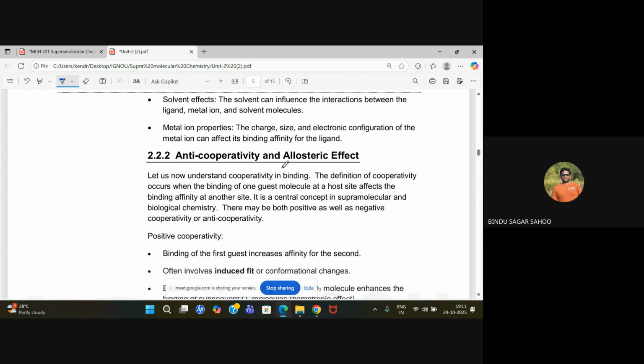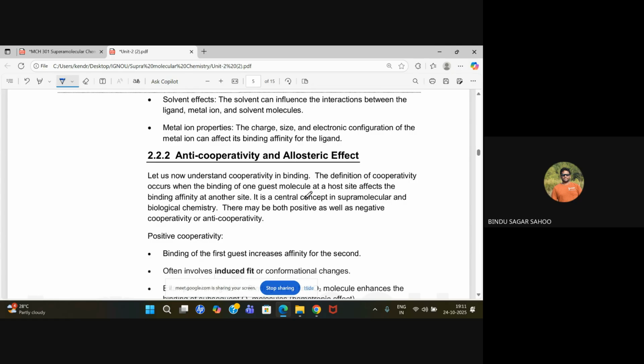So initially I told you what anti-cooperative is. It is when the binding of one guest molecule to the host site affects the binding affinity of another site. That means if initially one guest binds with the host molecule, it makes an environment such that another guest molecule cannot easily interact with the host. This is called the anti-cooperative effect.